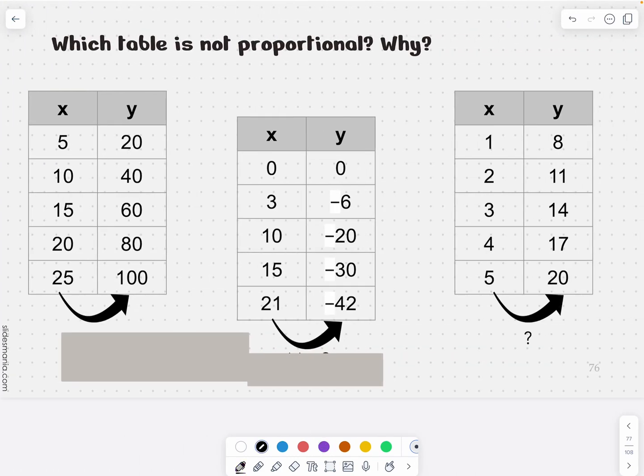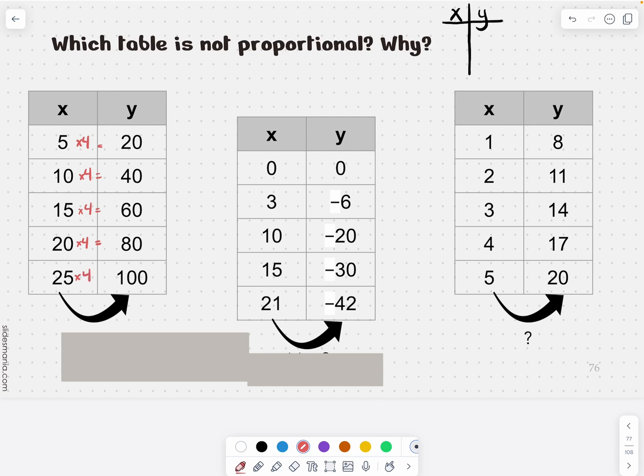What about tables? We said a table is proportional if every y value is the x value multiplied by the same number. If I look at that first table, 5 times 4 is 20. 10 times 4 is 40. 15 times 4 is 60. 20 times 4.